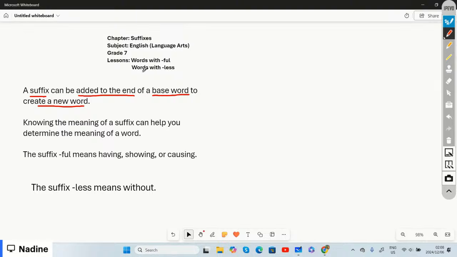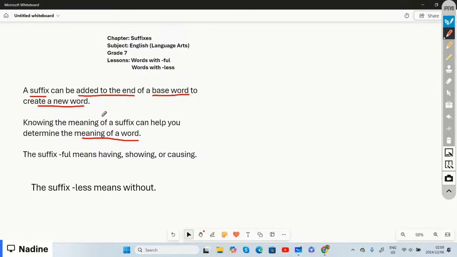And when it comes to a suffix, or even a prefix, knowing the meaning of a suffix can help you to determine the meaning of a word. Because remember, once you add a suffix to the end of that base word, it creates a new word with a new meaning.